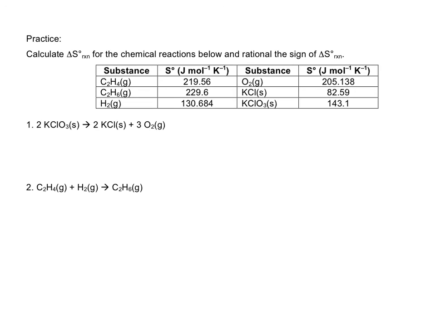All right, so let's do a couple of examples using this equation that I just gave you. So for this one, these are going to look just like the ones we've been doing for delta H's, except now we have standard entropies of reaction.